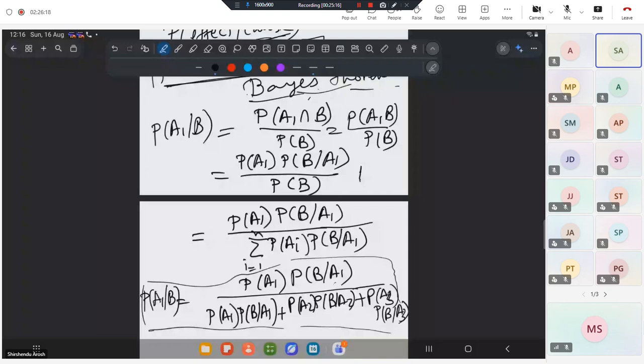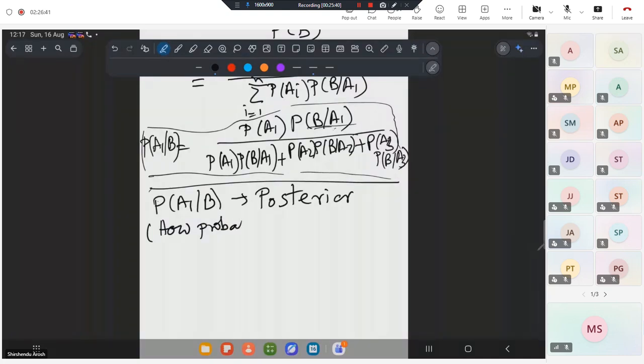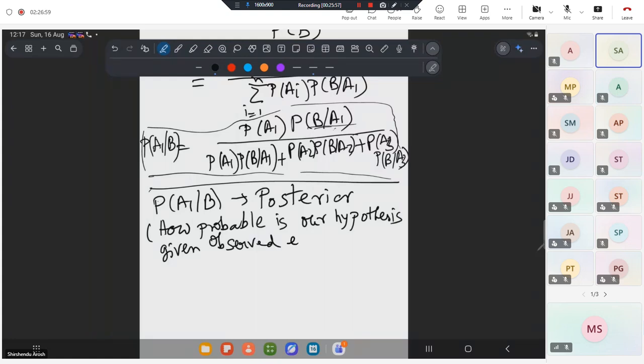Suppose I want to show these words' meanings in terms of hypothesis theory. If I write P of A1 given B, that is called the posterior, meaning how probable is our hypothesis given the observed evidence.